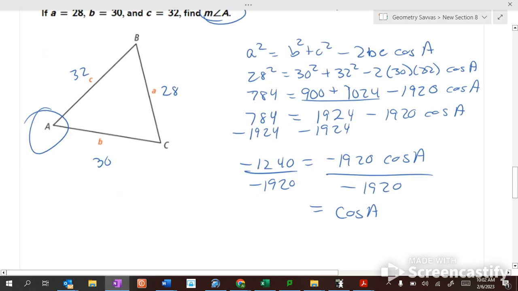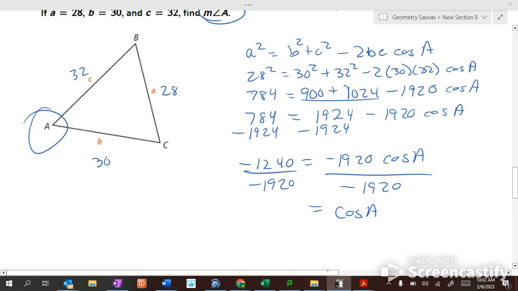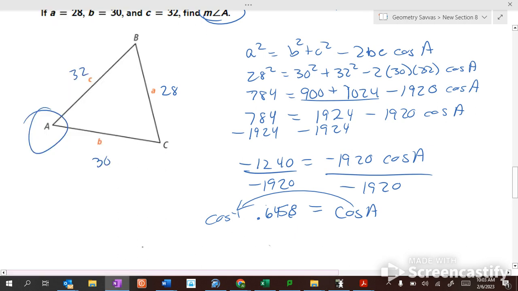Gets that wacky decimal, 0.5938. And you move the cosine to the other side. So it becomes the inverse cosine of that. So 53.6.